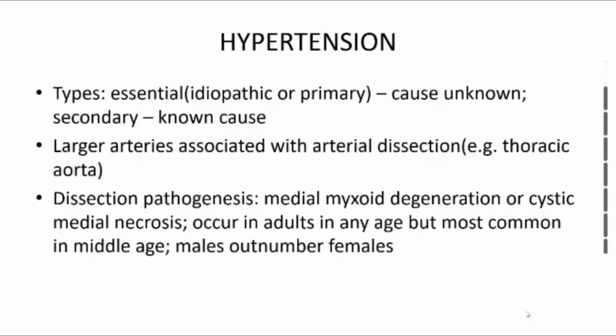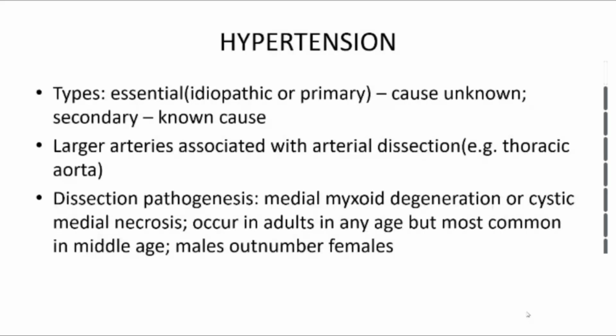Some of the causes, or when you talk about pathogenesis, as in what is causing that dissection, one of them could be medial myxoid. Myxoid refers to a jelly-like substance. So the tunica media can degenerate in a way that forms a gel-like substance.